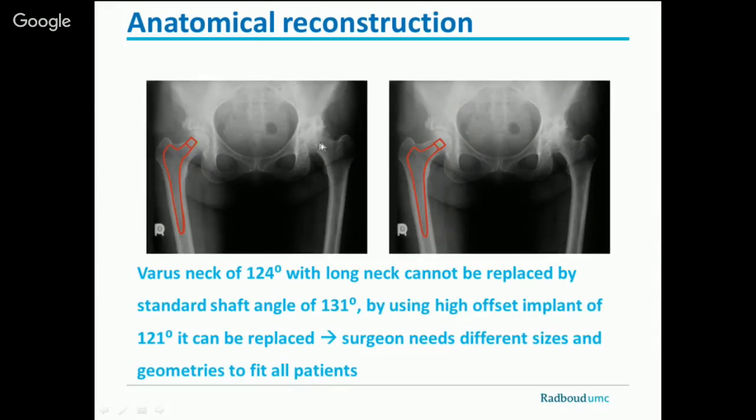So this is an example of an X-ray of a patient that has a varus neck of 124 degrees. So the surgeon could draw an axis here, and this angle would be 124 degrees. You can also see that if he projects the implant shape, the center of rotation is here, whereas the center of rotation of the implant is here.